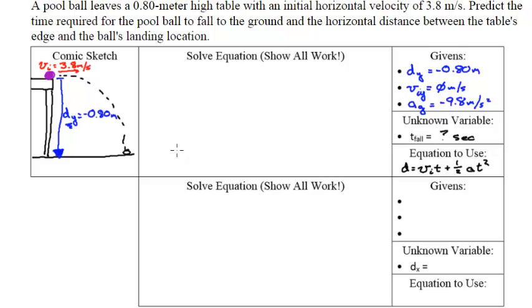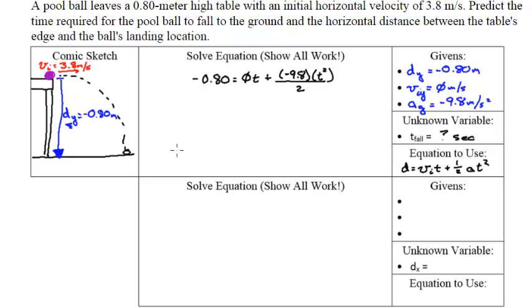So now, if I substitute numbers for letters, I get negative 0.80 equals, velocity initial is 0 times time plus, now I'm going to put this all over 2, 1/2, okay? Acceleration equals negative 9.8 times time squared.